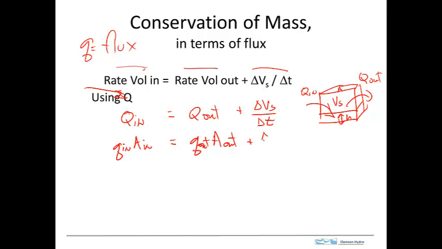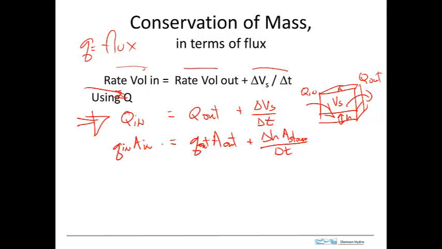So it'll be a change of water depth times the area over which it's stored per time. Okay, so we've just taken this volume balance equation and written it here in terms of fluxes and areas through which the flux is occurring.